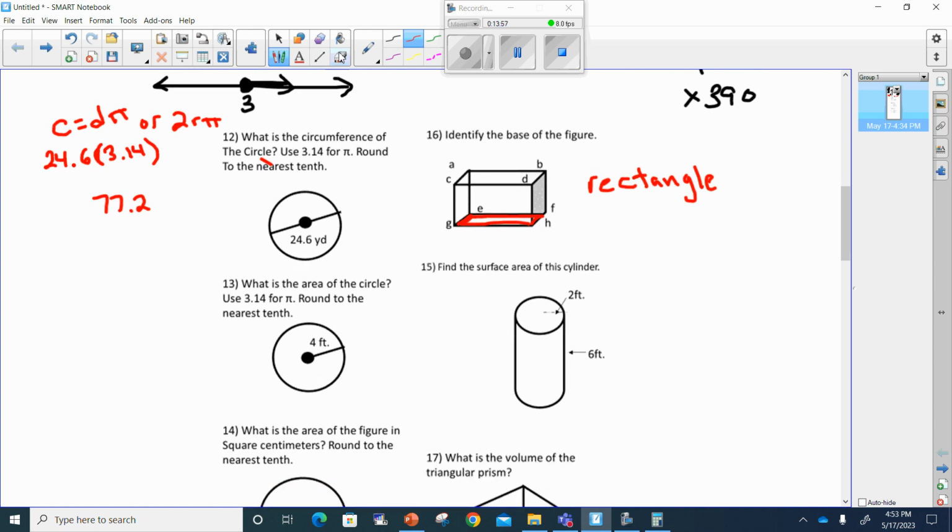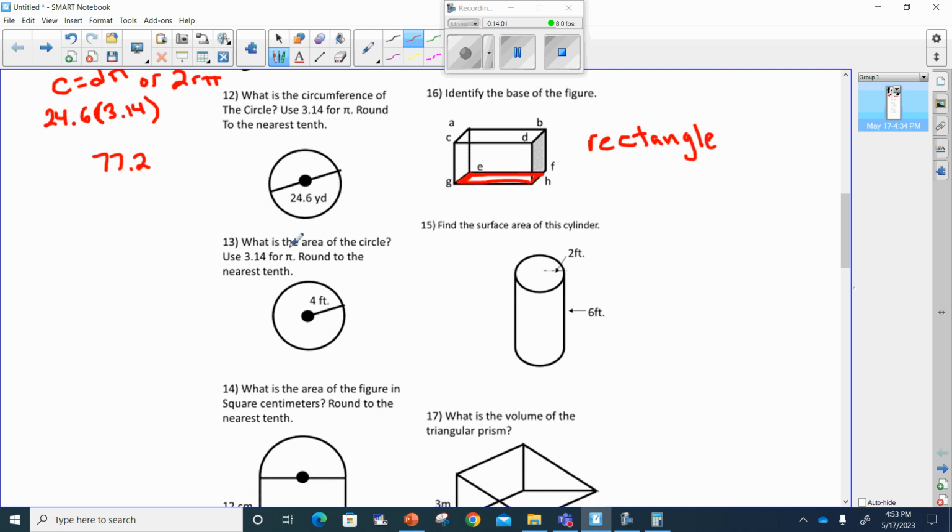All right, let's go to number 13. 13 says, what is the area of the circle? The area formula is pi r squared. The radius of the circle is 4, so we're going to have 3.14 multiplied by 4 squared.